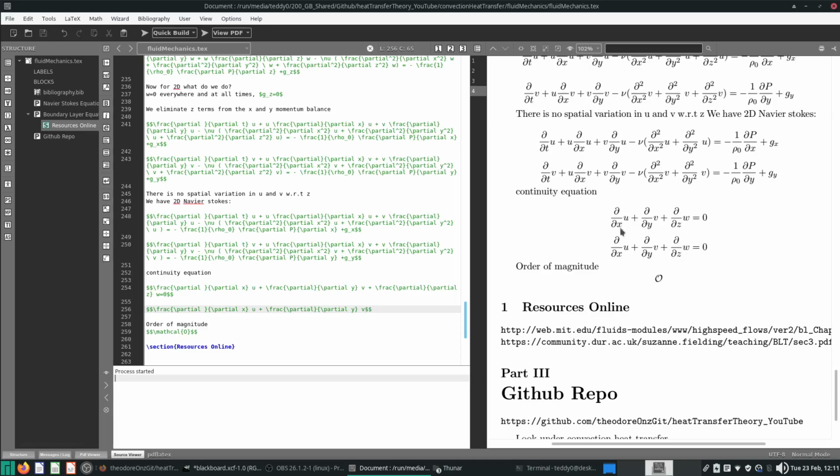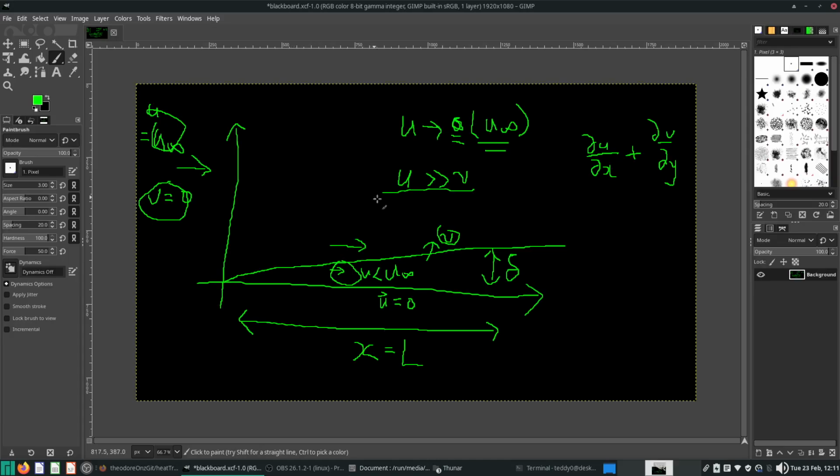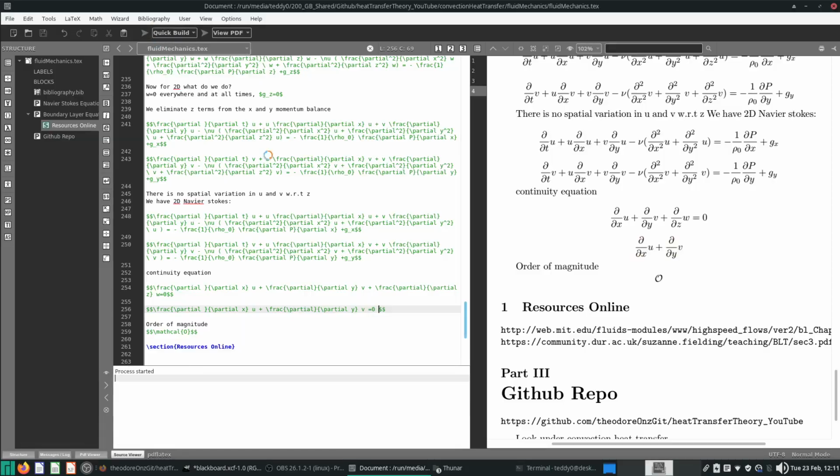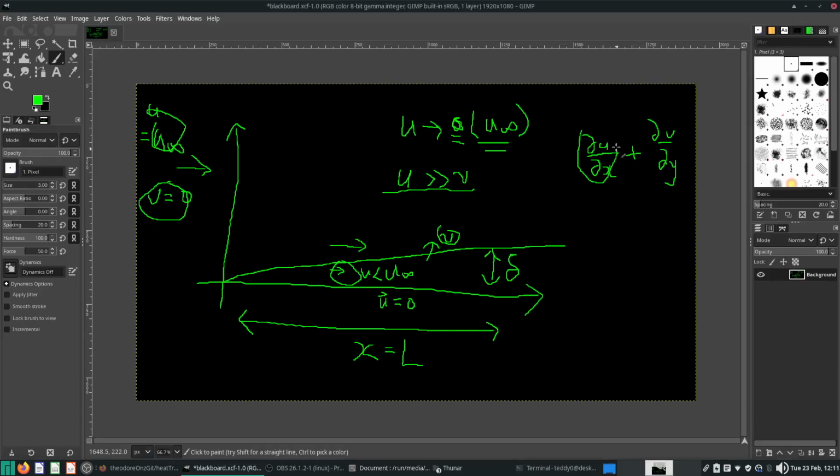So as you slow down your u velocity, based on the continuity equation, this term is going to be a negative term. If you stand here and take a look along the whole boundary layer, you realize that your u velocity is going to slow down.